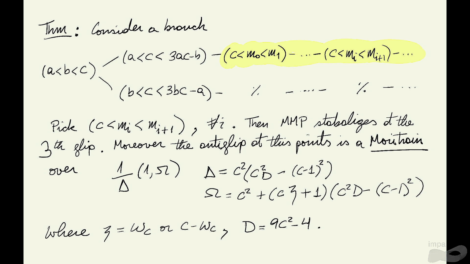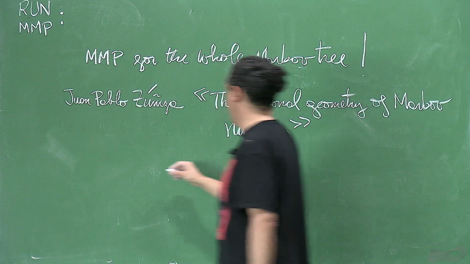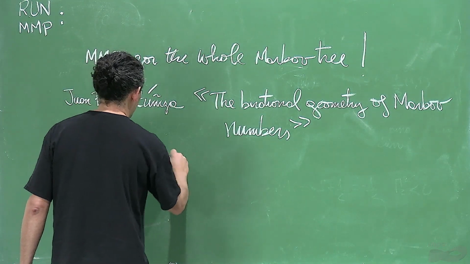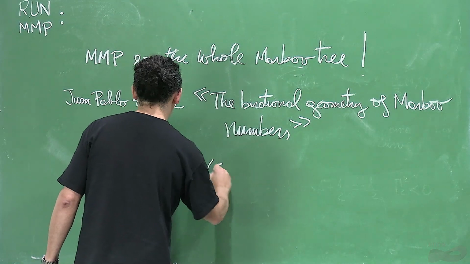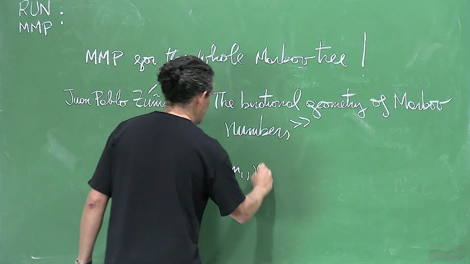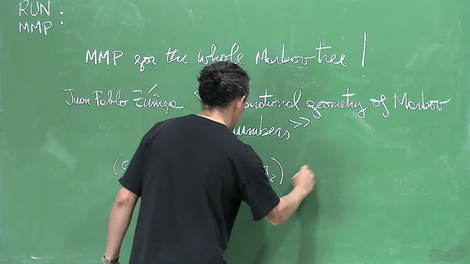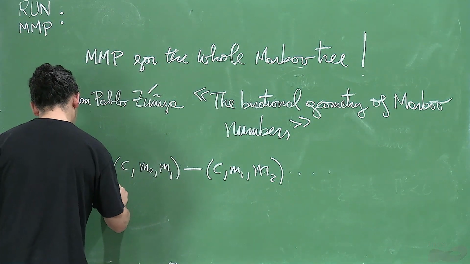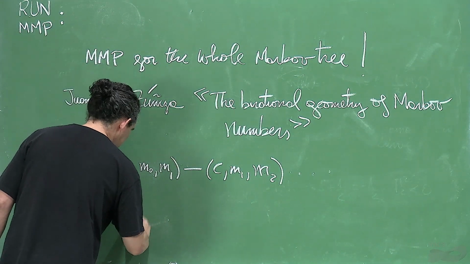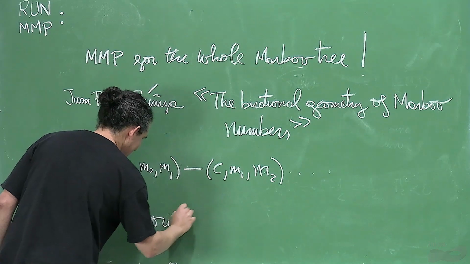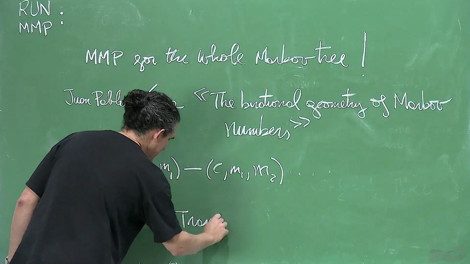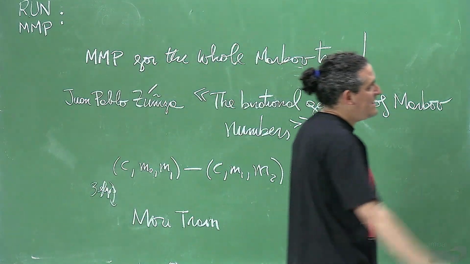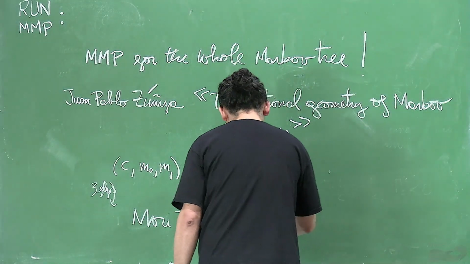So you have this branch, like C, M0, M1, then C, M1 and M2, and so on. You do 3 flips, and you will see a Mori train. So you replace this Markov situation by a Mori train, and this Mori train is over that particular singularity.